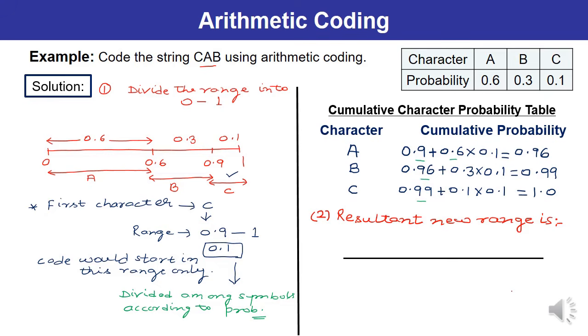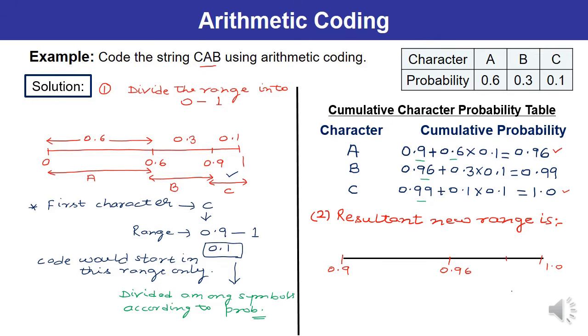Now the resultant new range, this is in between what? This is in between 0.96 to 1. Let us plot it. It starts from 0.9. The range is in between 0.9 to 1. A is up to 0.96.